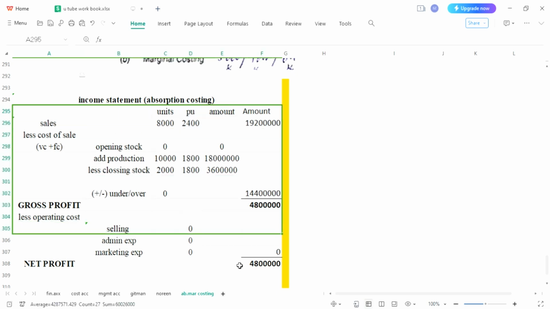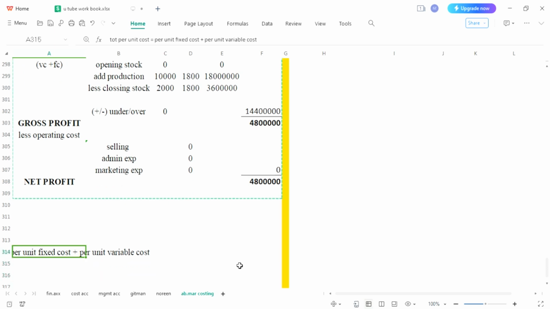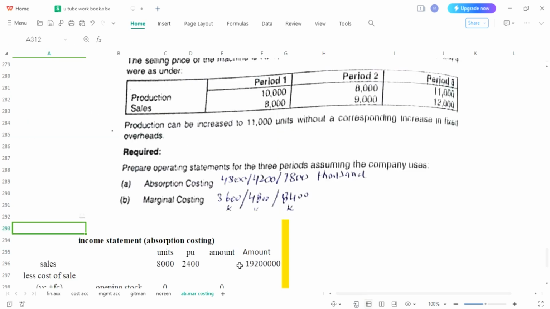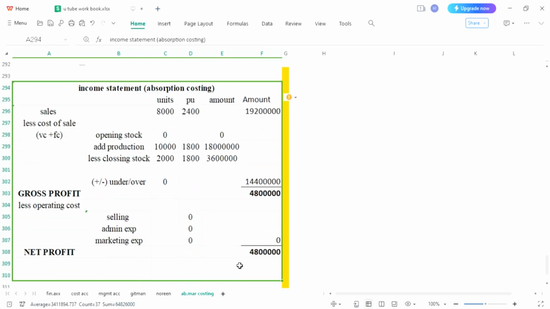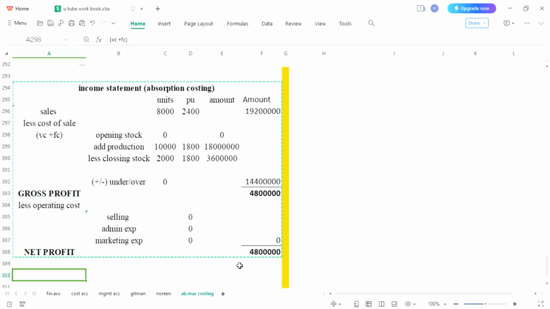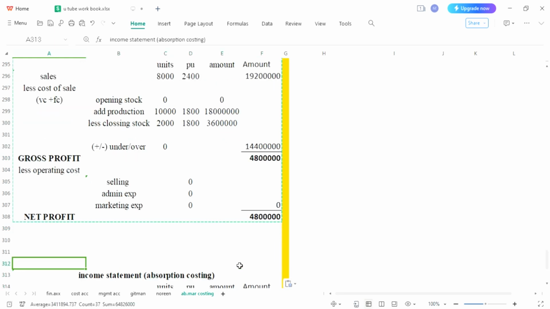Now what I will do, I was mentioning it, I will take these headings and use them to make the second statement. It's not needed, you can delete it. And what I was saying, I will pick everything from here and use it to make income statement for second period.